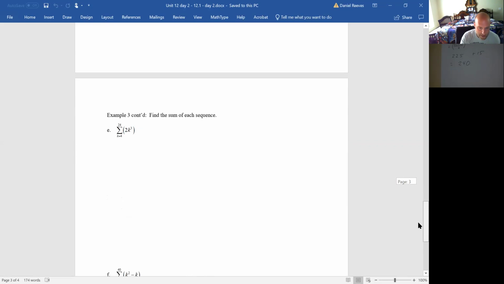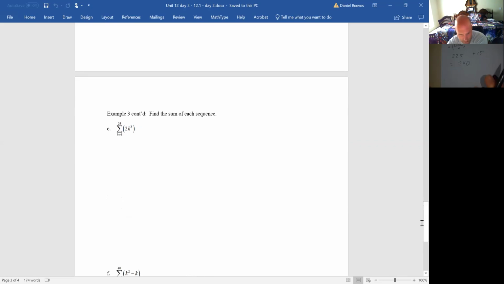Okay. Slightly different one, and we talked a little bit about this before. So in E, let's at least set it up. I am going to say that this is the sum from, how about put that 2 out front to begin with. And there's a k cubed there. Here is a k equals 4 to 24.